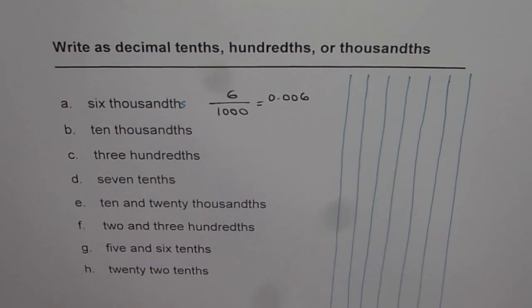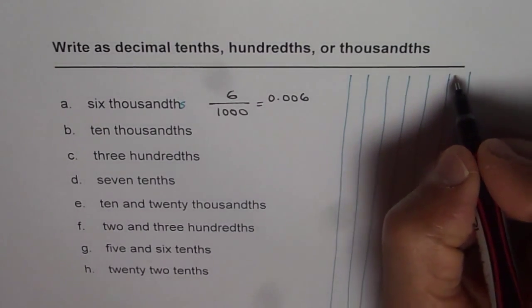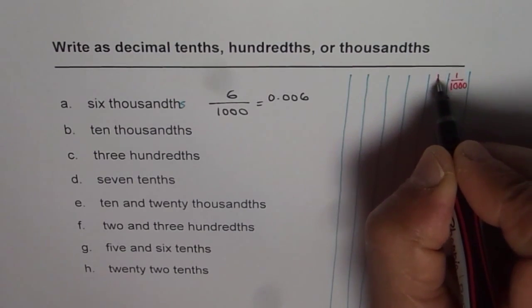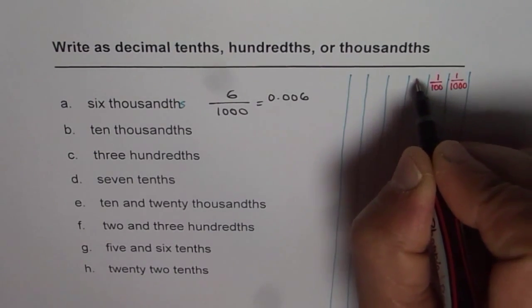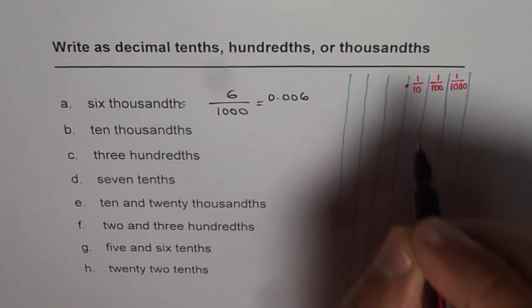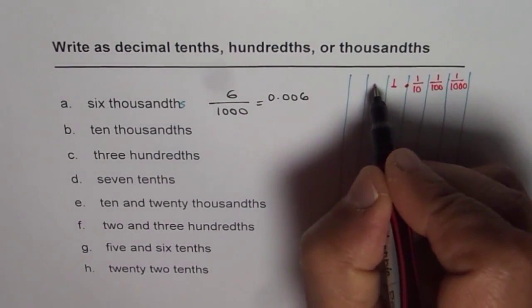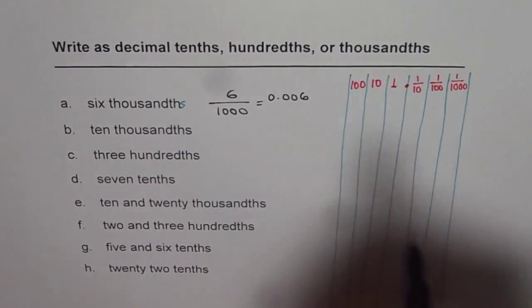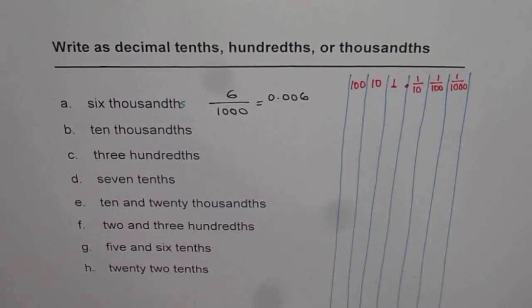Now since we are looking into thousands place, let us say this is 1 out of 1,000. This place value is 1 out of 100. Then we have 1 out of 10. And then we have a decimal point, right? And here we have ones, tens, hundreds, right? So that is how our place value chart is.